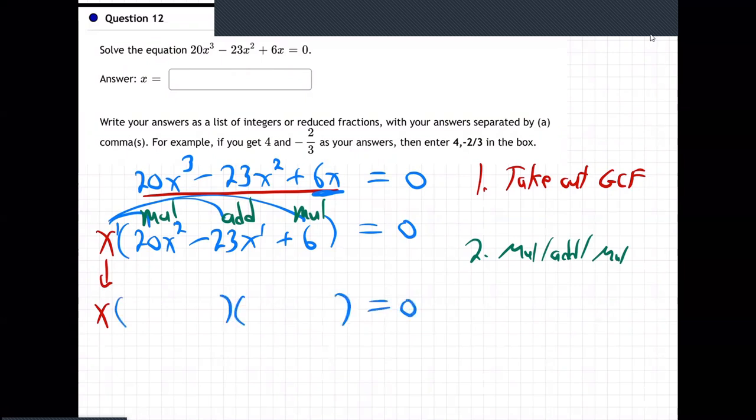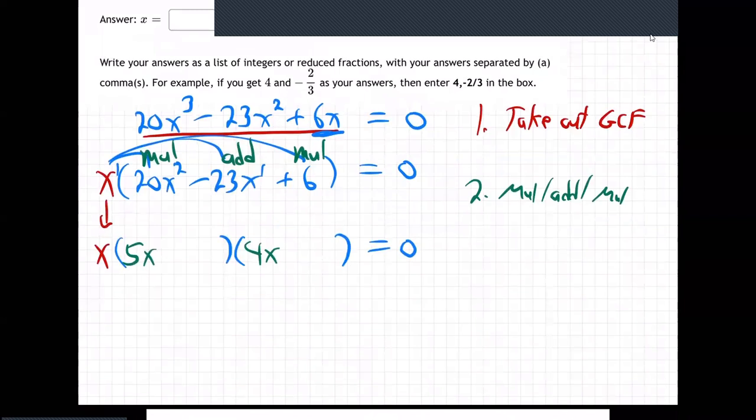So now we're saying, okay, what multiplies to be 20? Well, that could be 5x and 4x. It could be 10 times 2, but you usually try the numbers closer together. 5 and 4 are closer together than 10 and 2, so it's probably 5 and 4. Okay, now what goes at the back? Well, there's two ways we could do the back.